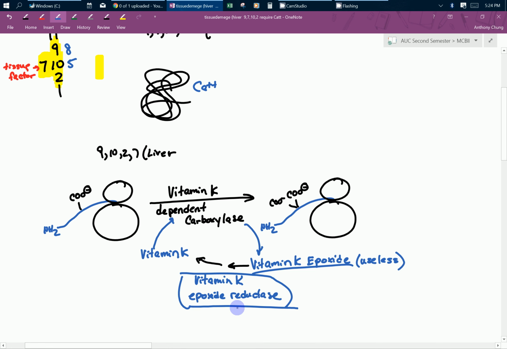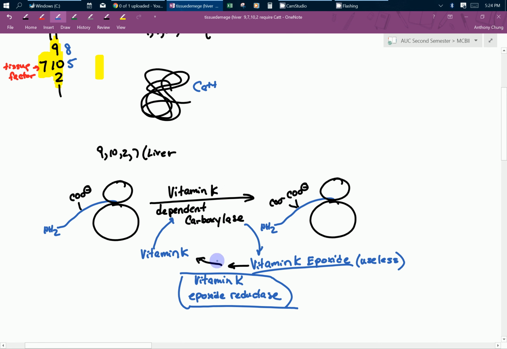This is a really important enzyme because, first, let's think about what happens if you don't have enough vitamin K. If you don't have enough vitamin K, you don't have factor 2, 10, 9, and 7. And if you don't have 2, 9, 10, and 7, you can't get to fibrin. So anyone with a vitamin K deficiency is going to have some sort of clotting disorder.